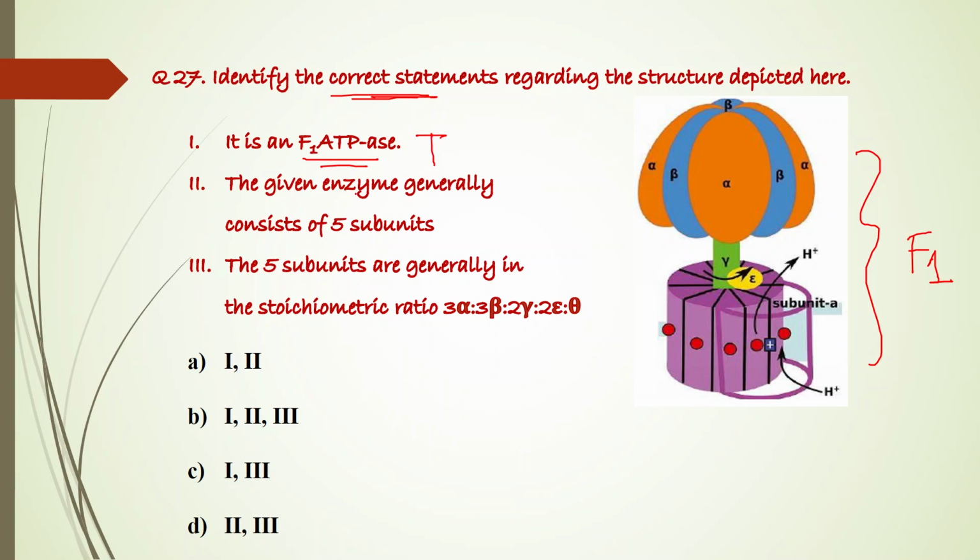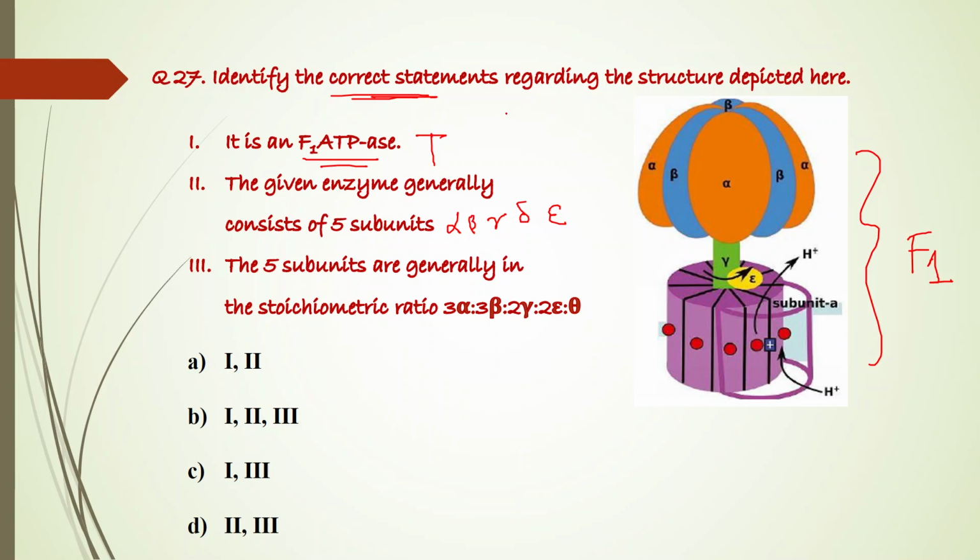The second says the given enzyme generally consists of 5 subunits. Absolutely, the F1 complex has 5 subunits: alpha, beta, gamma, delta and epsilon.